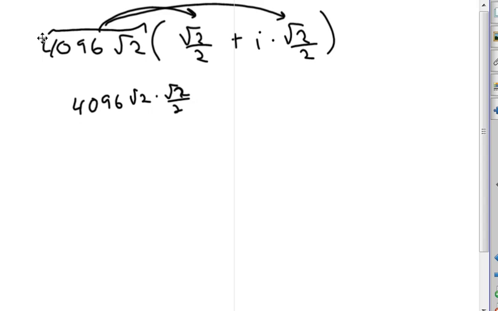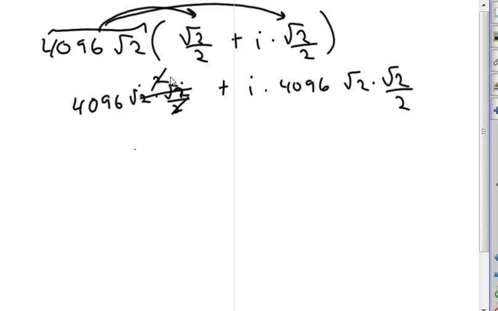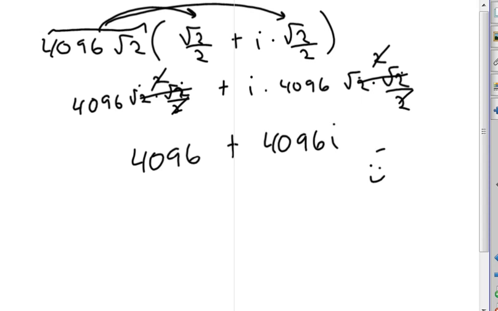So we have 4096 root 2 times root 2 over 2 plus i times 4096 root 2 times root 2 over 2. Root 2 times root 2 is 2, and then the 2 in the numerator and denominator cancel. So we end up with a nice friendly 4096 plus 4096 i.